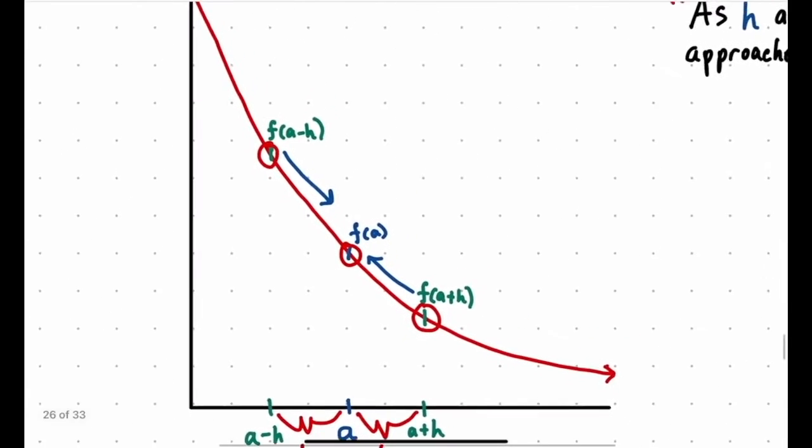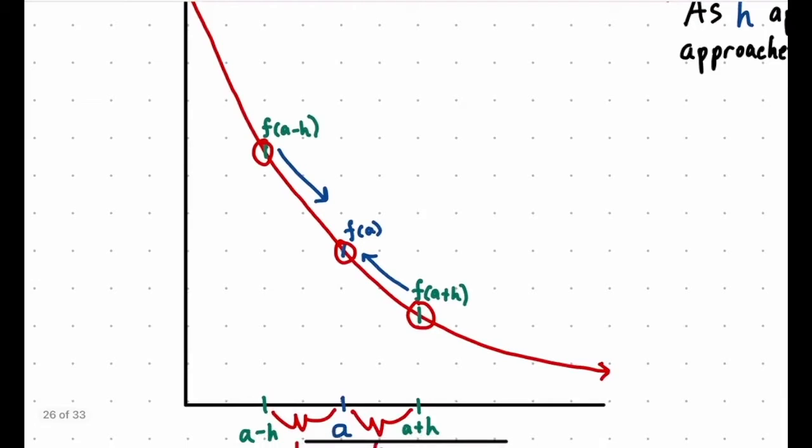When you have a function approaching from this side and a function approaching from this side, and they're closing in on a number, call this number 4 or whatever it is, and these numbers are getting closer and closer to 4 from both sides, and we have to sort of guess what we think that number would be, we can call that a limit.